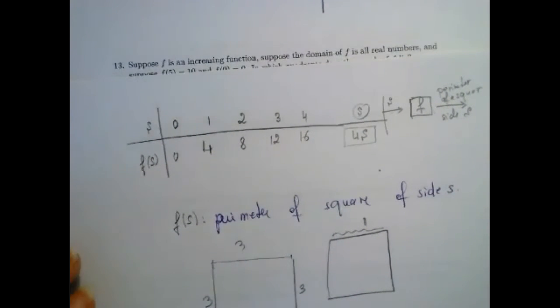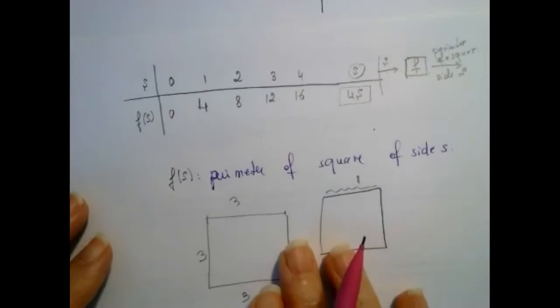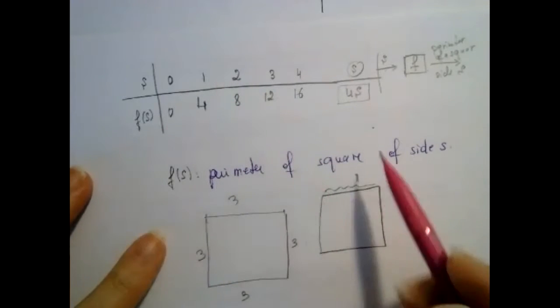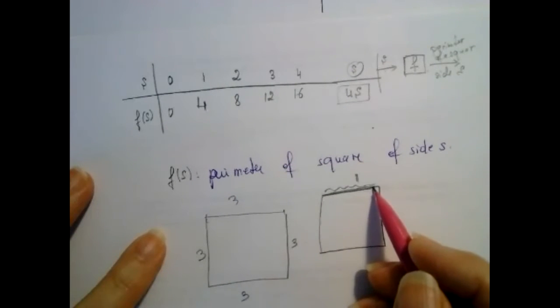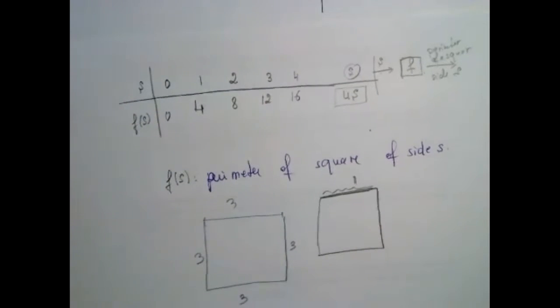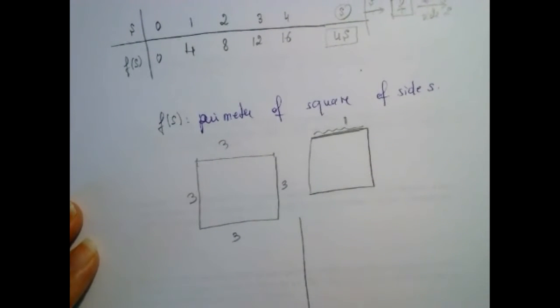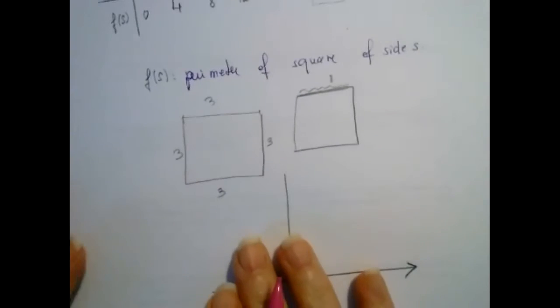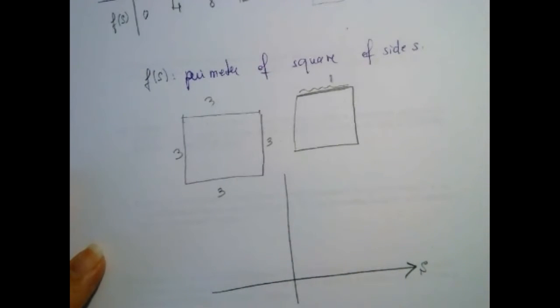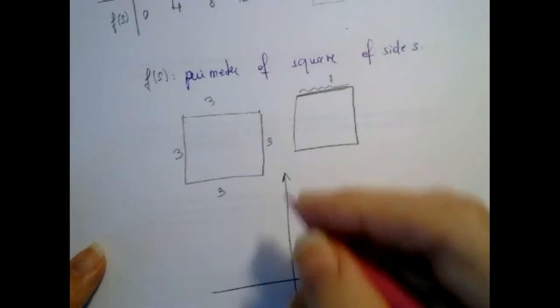Now, is this function increasing or decreasing? Increasing. Absolutely increasing. Intuitively, when the side gets bigger, the perimeter is going to get larger. So if I sit down and graph the function, s is the side. On the vertical axis, I'm going to put the perimeter.